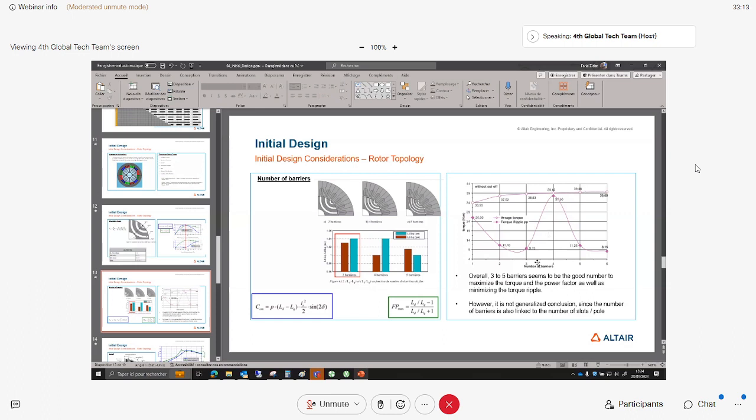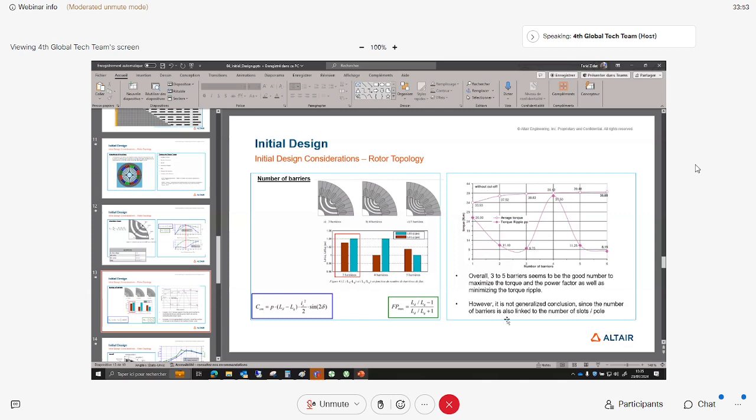It tends to saturate when you increase the number of barriers, and you will have as well the torque ripple variation according to the number of barriers. So here the most interesting choice is most of the time 3 barriers, which can satisfy, in this study, good torque and smaller torque ripple.